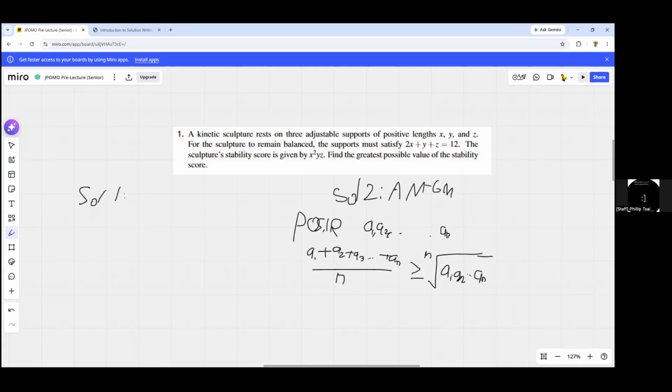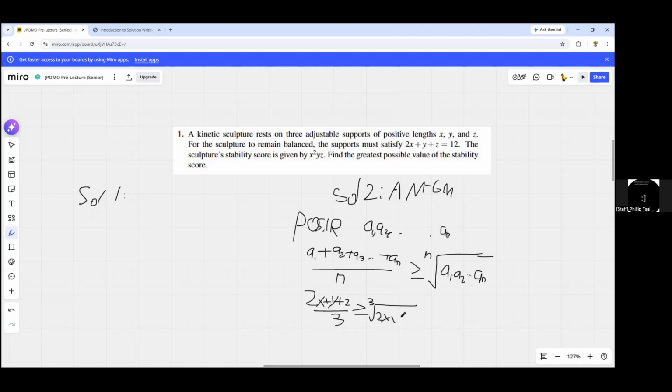So how can we use this theorem in our problem here? Because here's the question. If we just use AMGM directly on 2x plus y plus z, we get 2x plus y plus z over 3 greater than or equal to the cube root of their product, which is 2xyz, right?